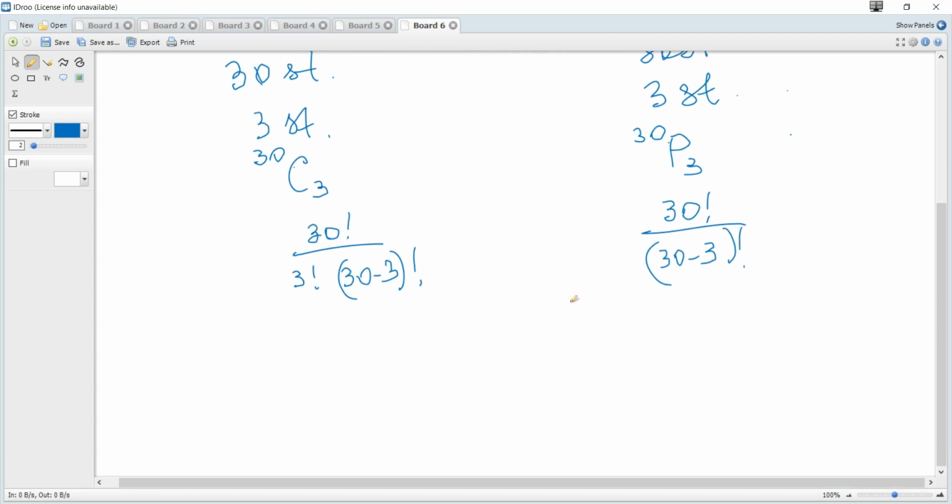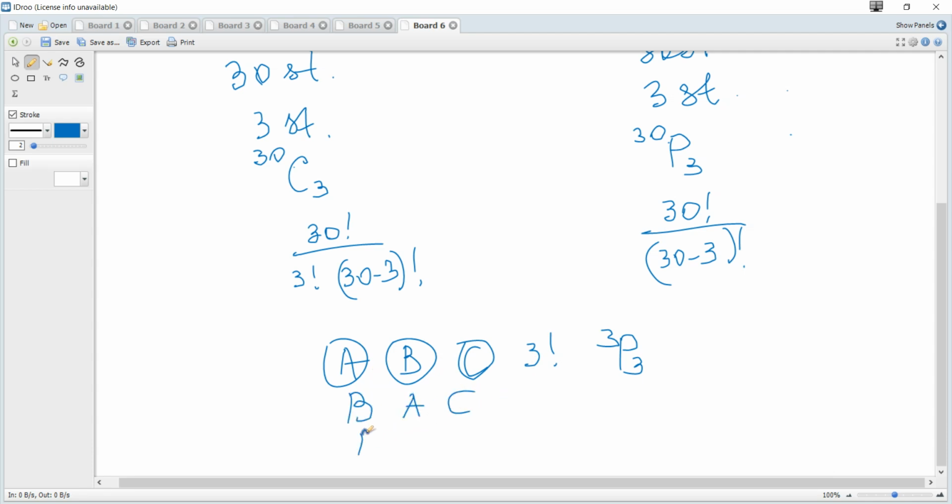And we know that if we have, for example, 3 objects, the number of ways to rearrange them is actually also permutation 3 out of 3, it's just 3 factorial. What do I mean? It may be ABC, BAC, BCA, and so on. There are 6 ways in total.